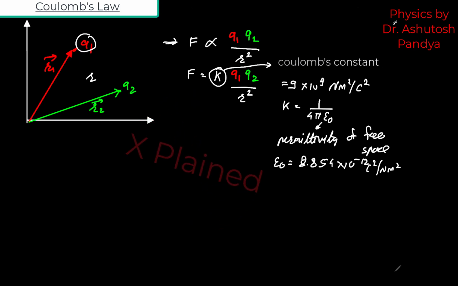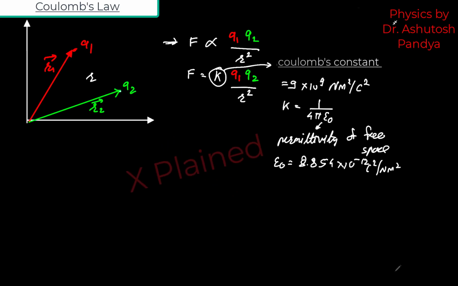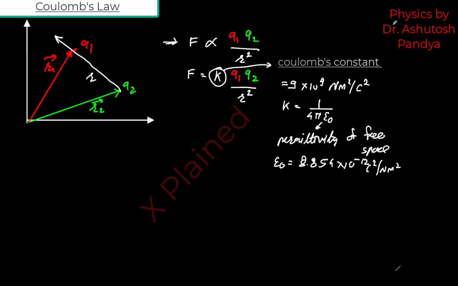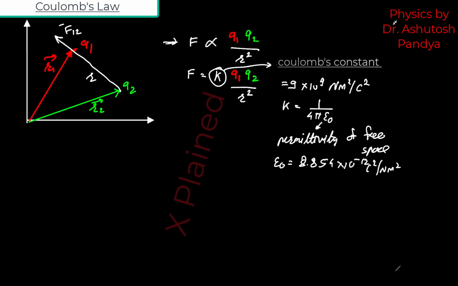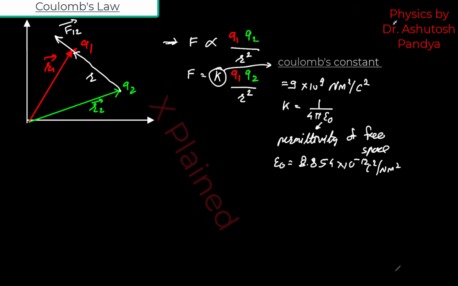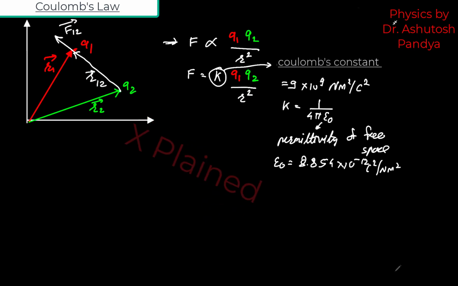It is obvious that its direction must be from Q2 to Q1, and let's name it F12 bar. So we need to find this direction, which is R12 bar, right?